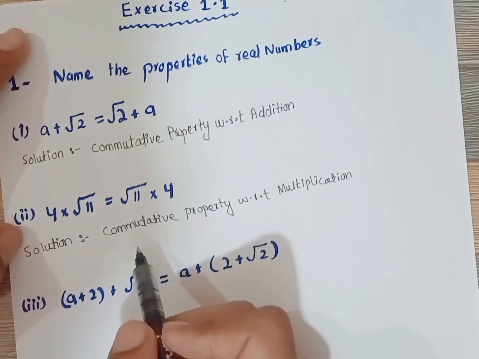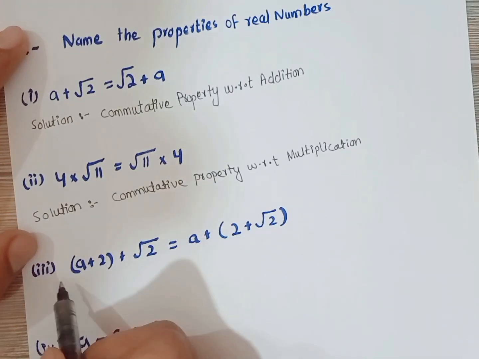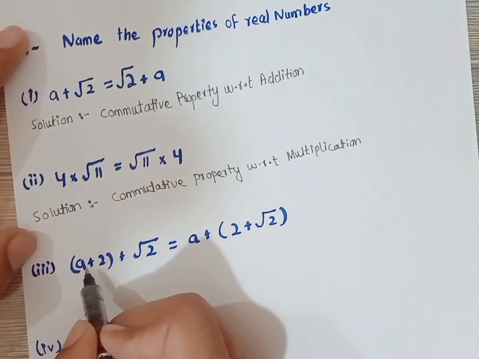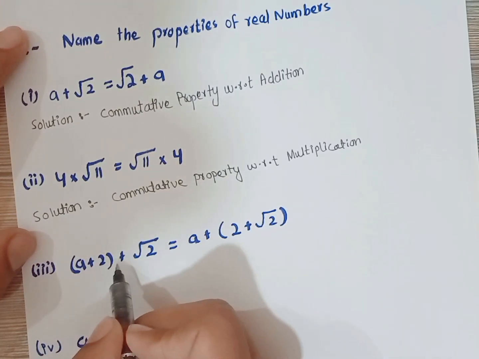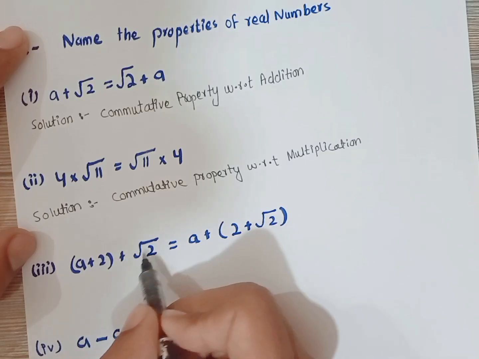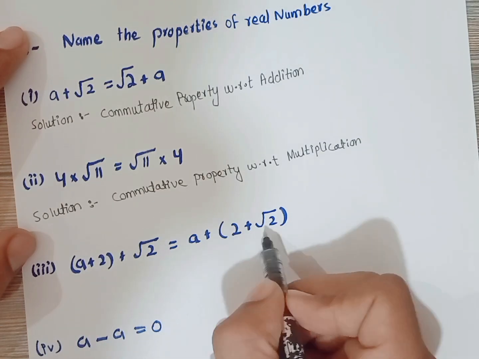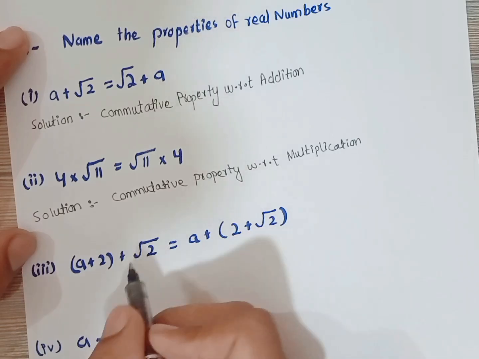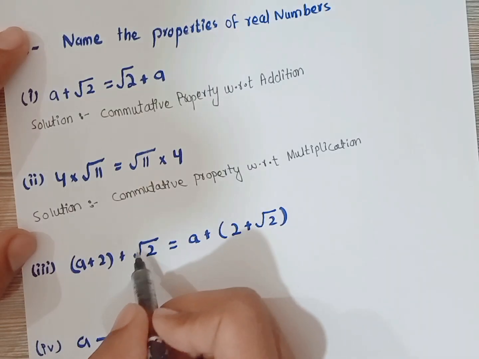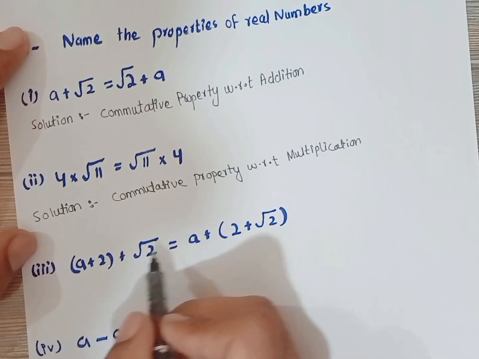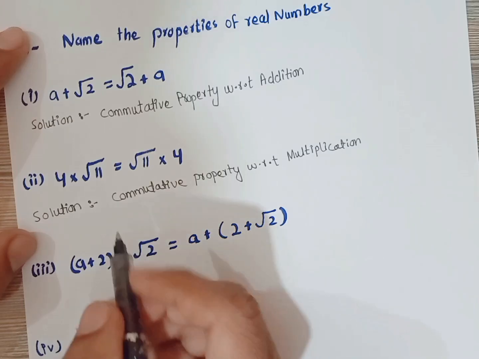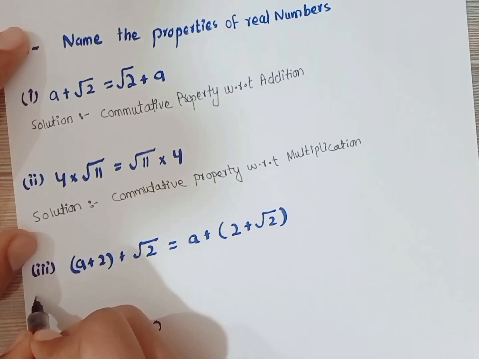Okay, the third one is a plus 2 plus square root 2 is equal to a plus 2 plus square root 2. There are three real numbers being used. By seeing three real numbers, we get the idea that this is associative property.